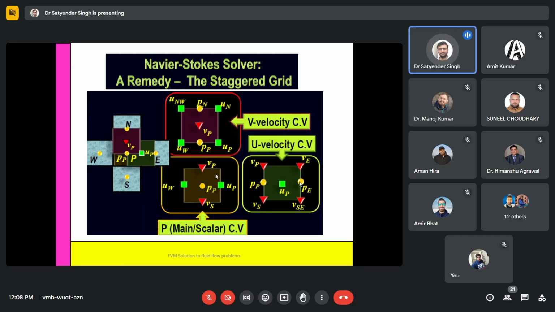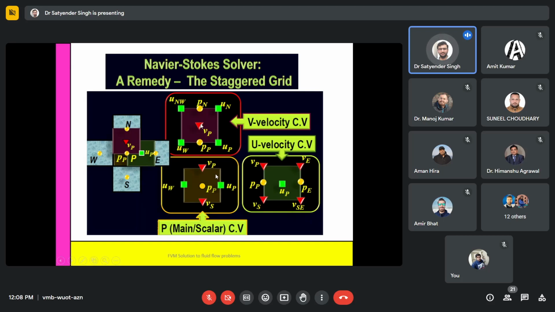Because if you remember the discretized form of u, it is involving your v variable as well, and pressures in a particular direction, the x direction, minus del p by del x, the source term, which we discretized to involve only the two cell center values, so which is represented here to include them in the solution of u velocity.